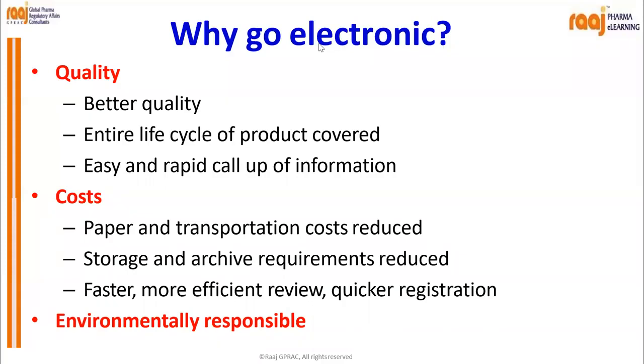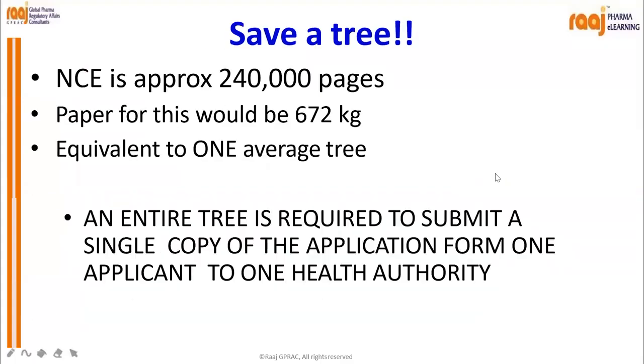Why has plastic been stopped, why are many items banned in our country? Because we are responsible to keep our environment healthy and clean. And coming to the paper, you must have heard that an NCE, a new chemical entity, approximately 240,000 pages we used to require to print one NCE.